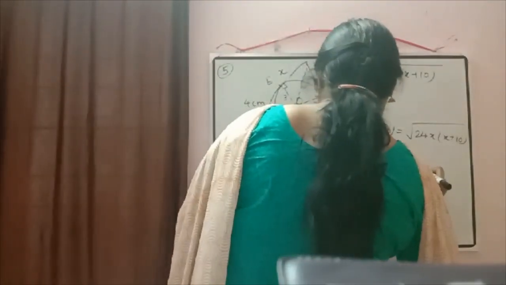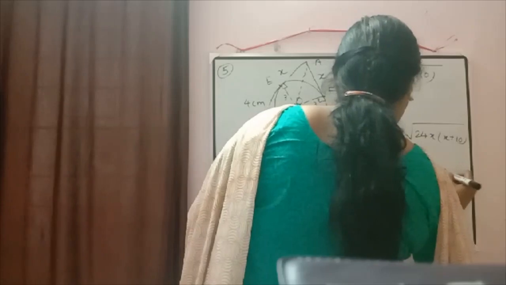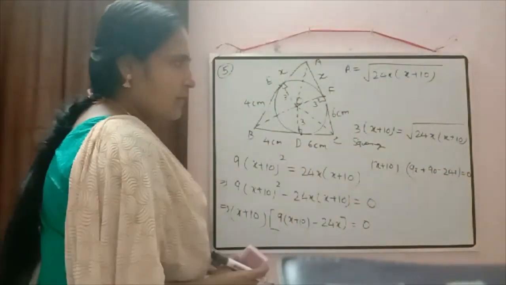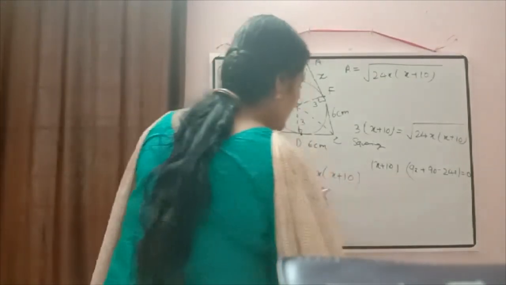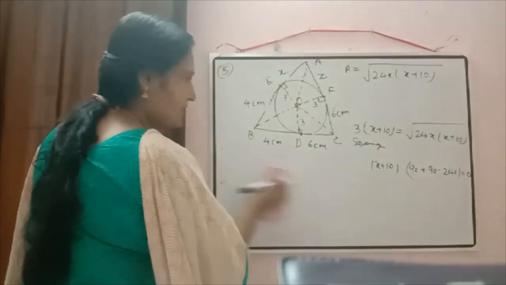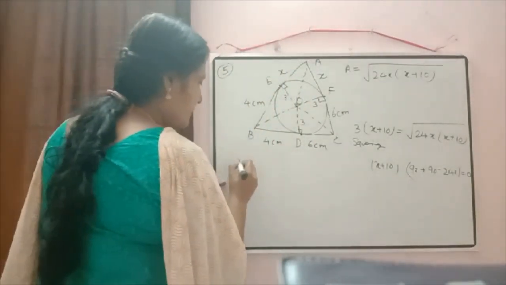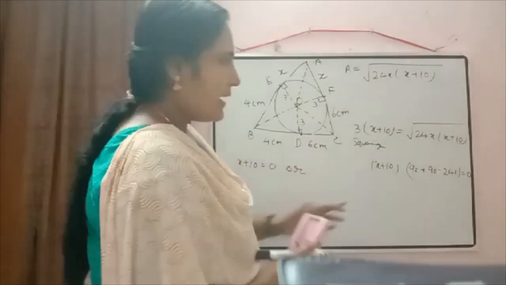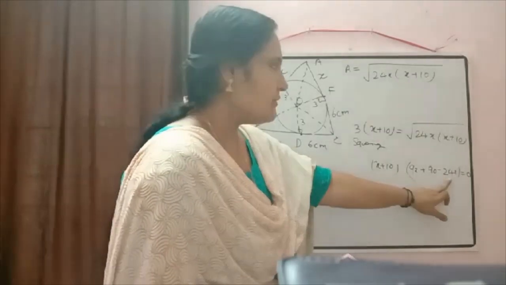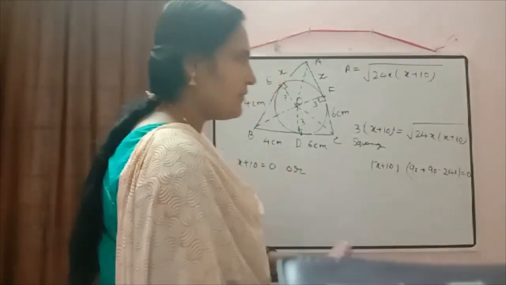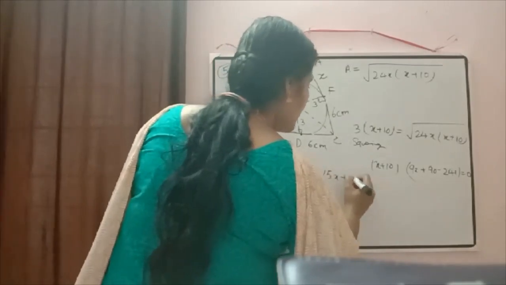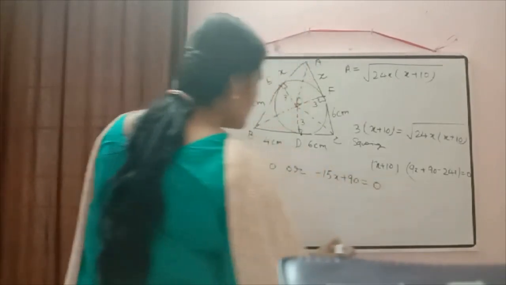So we will get here x plus 10 into 9x plus 90 minus 24x is equal to 0. Again, product of two expressions is equal to 0, so either x plus 10 is equal to 0 or 9 minus 24 is, how much? Minus 15. Minus 15x plus 90 is equal to 0.